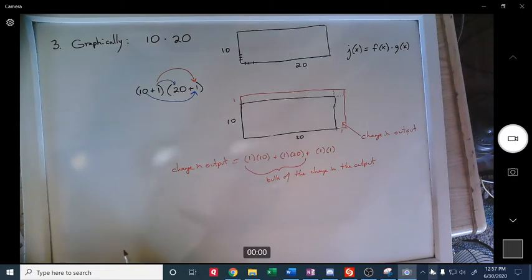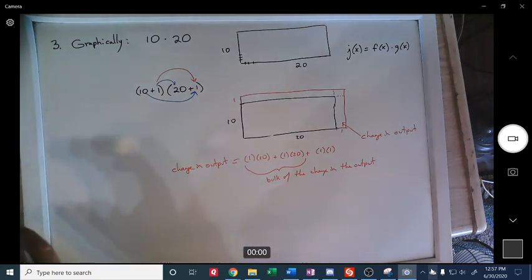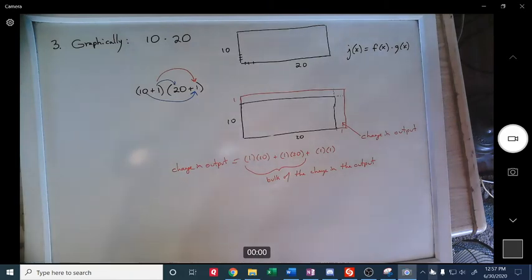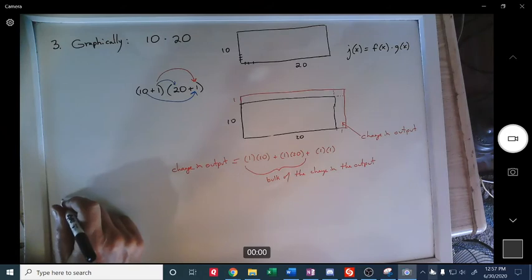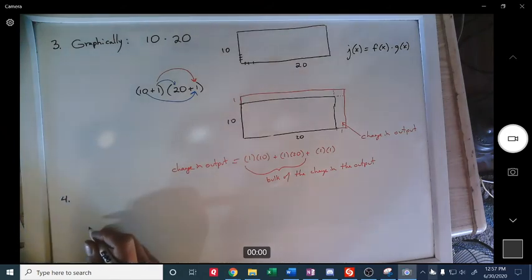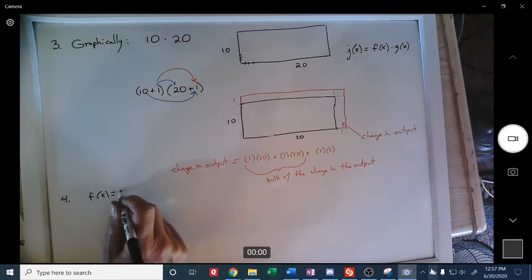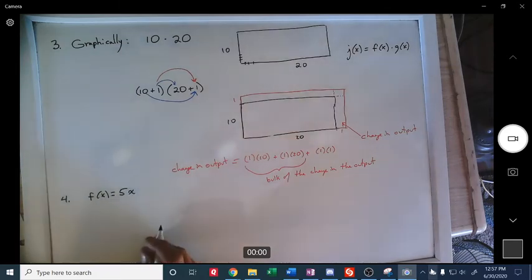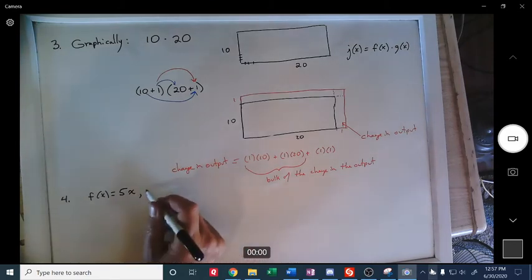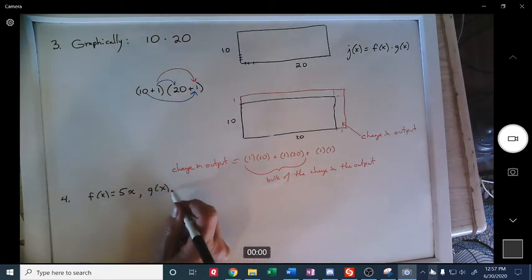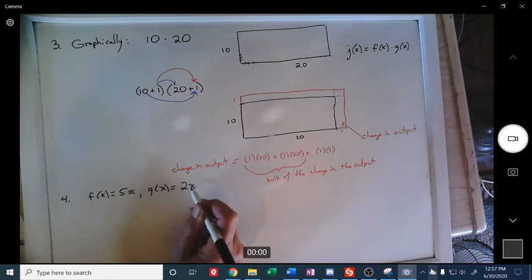And so let's take our situation now and let's go to number 4. Let's let f of x be a very specific function, 5x. And let g of x be 2x.